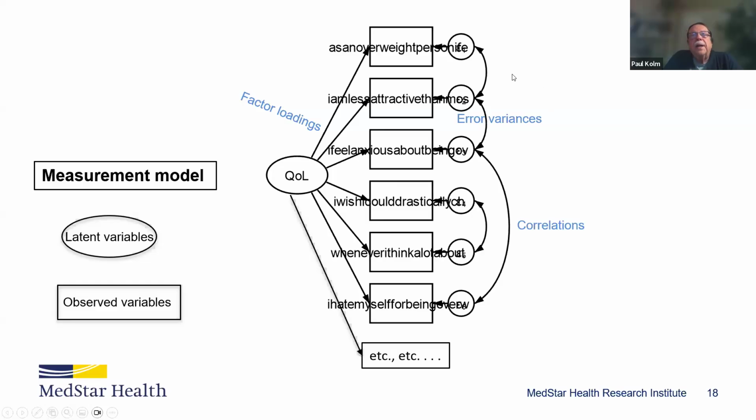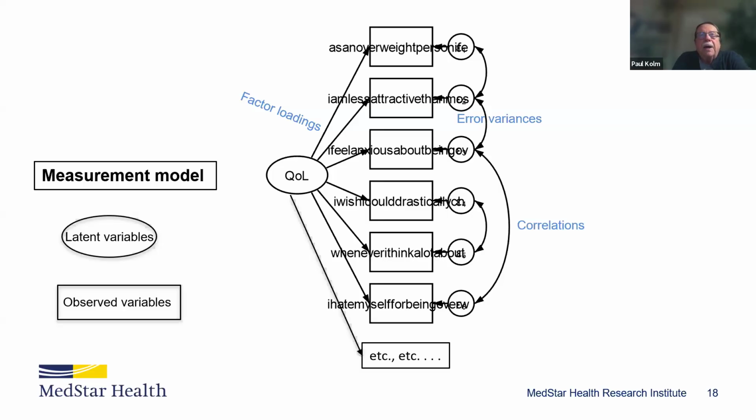Here you can see that I've suggested that there's a correlation between the first and second variable, the second and third, the third and the last, and so on. As I mentioned, you can indicate different correlations, what you think might be correlated, and those will sometimes really improve the fit of the model. So this is what confirmatory factor analysis will look like as a schematic.